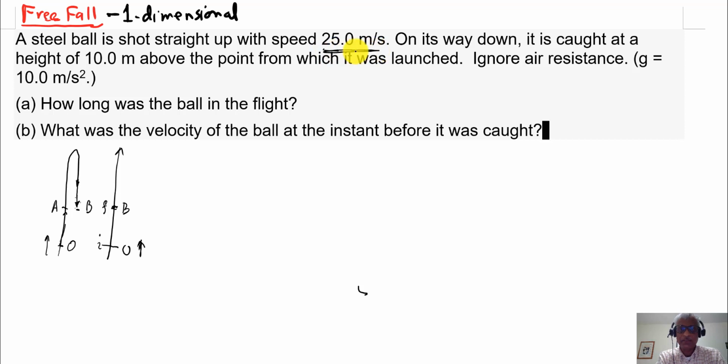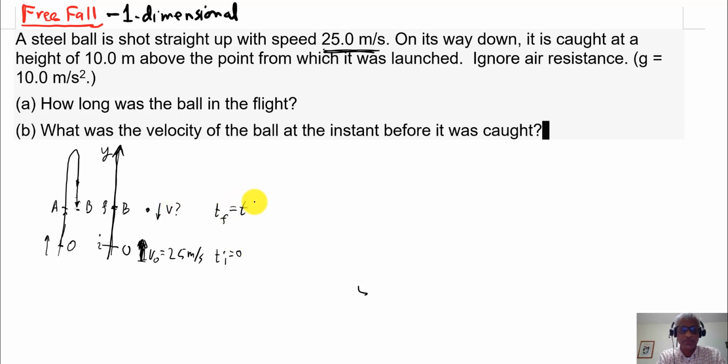In the initial situation, you have 25 meter per second. So the v0 is 25 meter per second. We always draw the positive side of the axis, say this is the y-axis, and the initial velocity is in the same direction. That's a convenient drawing. Over here, at the final, it's coming down, but we don't know this velocity. Over here, the time, we take it to be 0. Over here, t final is some time t, we don't know the value of it.